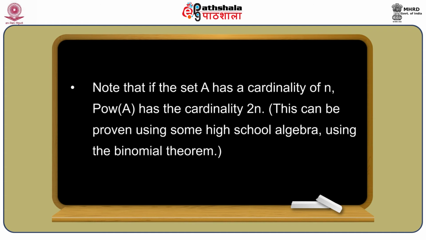Note that if the set A has a cardinality of n, the power set of A has the cardinality 2 to the power n. This can be proven by using some high school algebra using the binomial theorem.